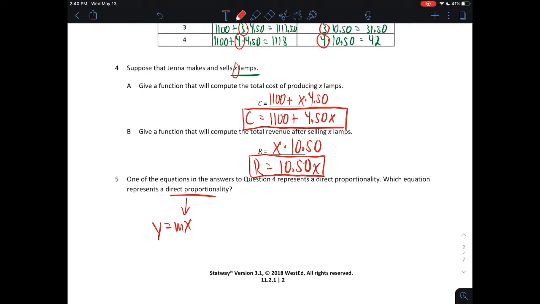So of those two, which is the only one that has a number times x and then nothing else? That's the revenue equation. Because the y-intercept is 0. You just have a slope times a number. R equal to 10.50x.